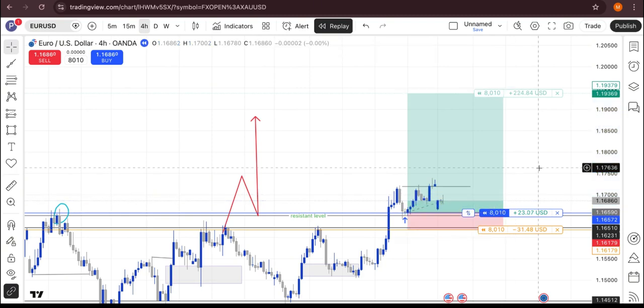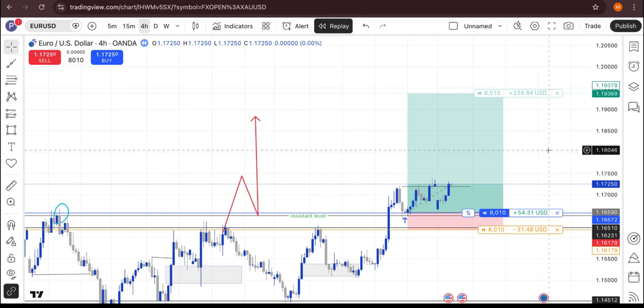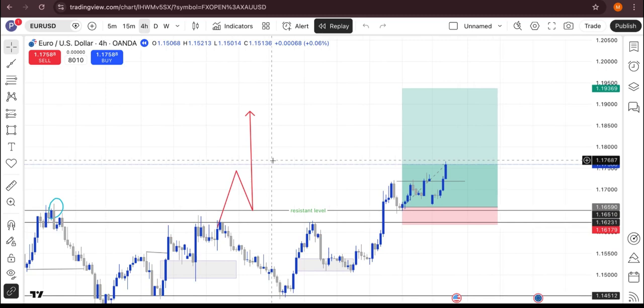Let's see how it's going to play out. Either our stop loss gets hit or our TP gets hit. There is no way between.